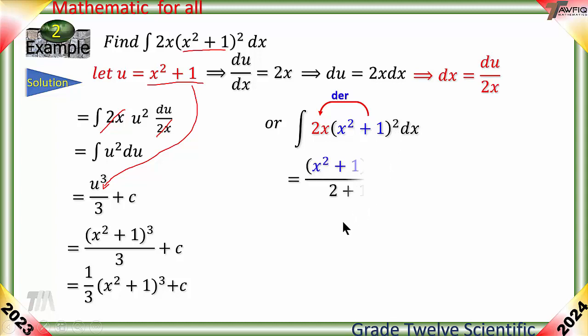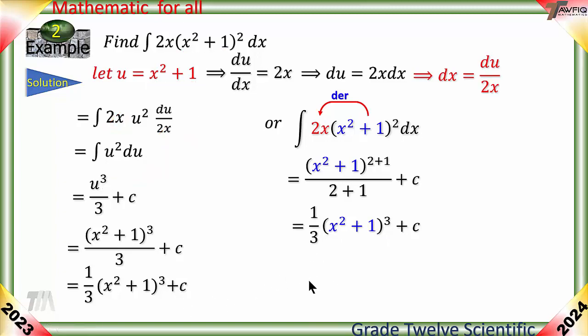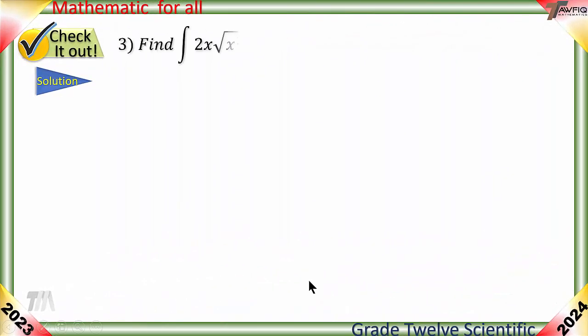So it becomes (x squared plus 1) to the power 2 plus 1 over 2 plus 1. And simplifying, it is equal to 1 over 3 (x squared plus 1) cubed plus c. As you can see, it is the same answer. Check it out.